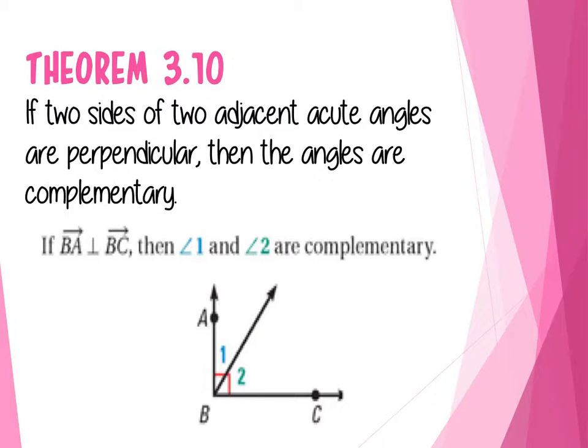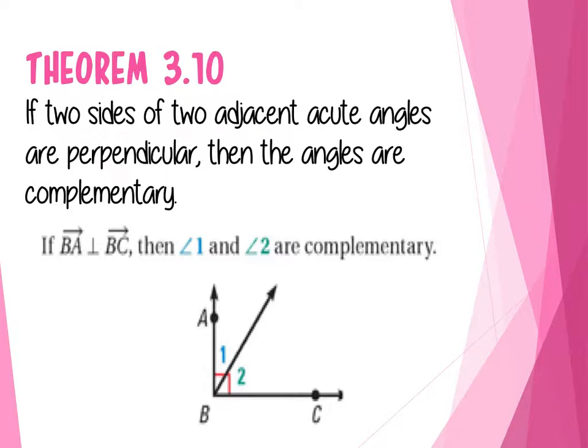All right, 3.10. If two sides of two adjacent acute angles are perpendicular, then the angles are complementary. So let's say that you got a proof, right?